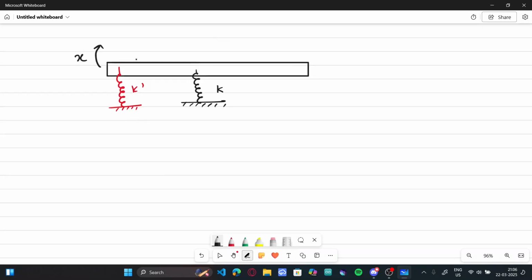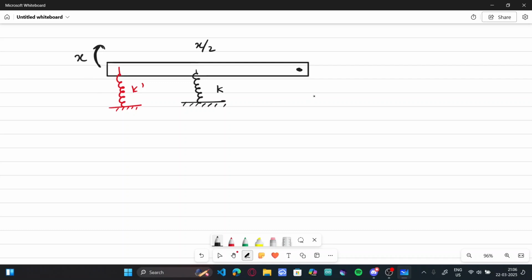So if we rotate this rod through an arc length of x or an angle of theta, whatever, this spring displaces or extends a displacement of x by 2, and the extension for this is x.